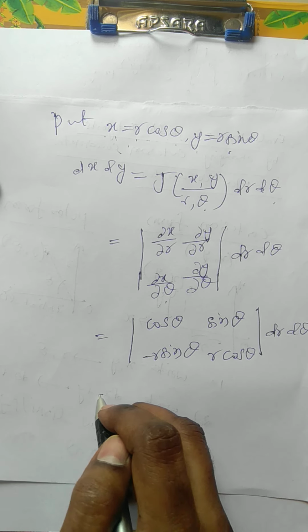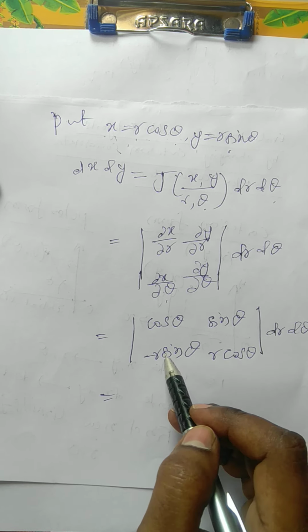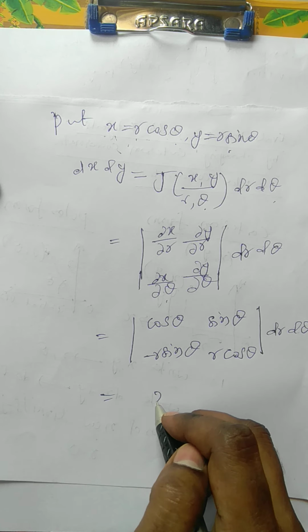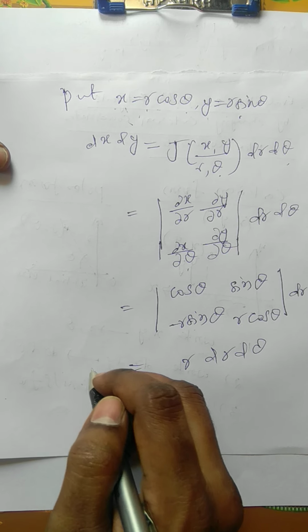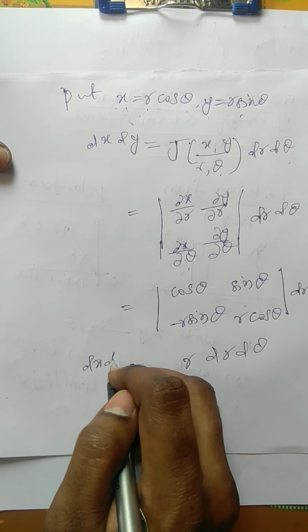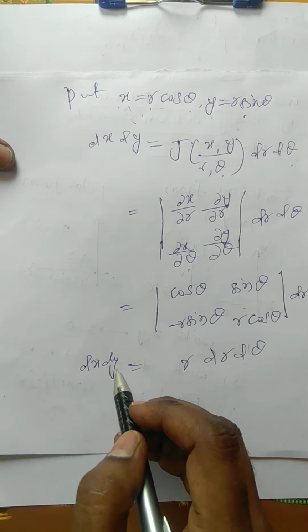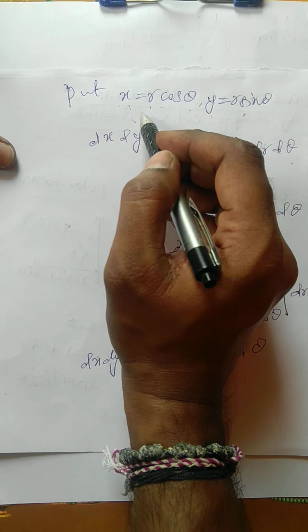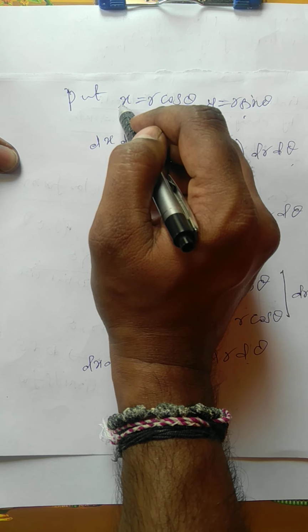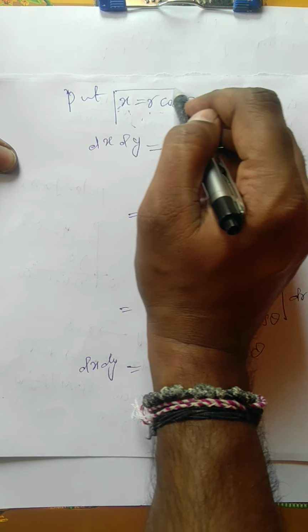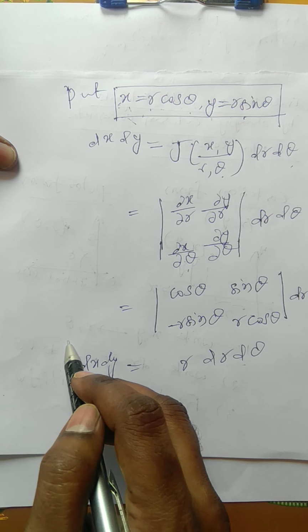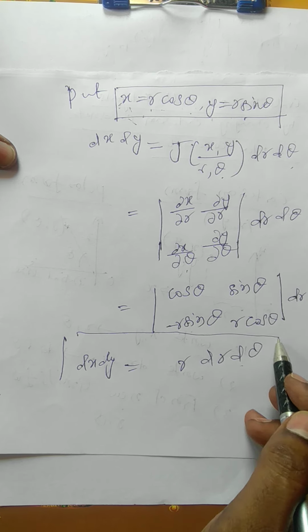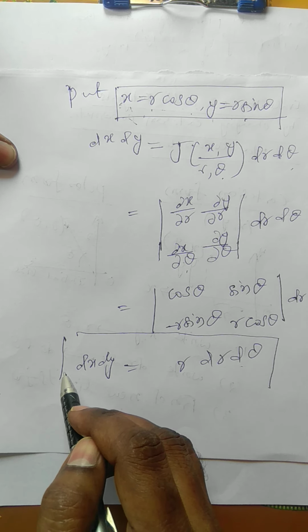So that equals r cos square theta plus r sin square theta, which is nothing but r. So r into dr d theta. So we are writing dx dy in terms of dr d theta. Simply put, to convert x comma y to r comma theta, write x equals r cos theta and y equals r sin theta. Then dx dy equals r dr d theta.